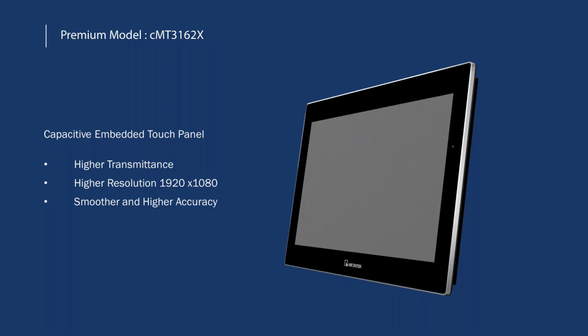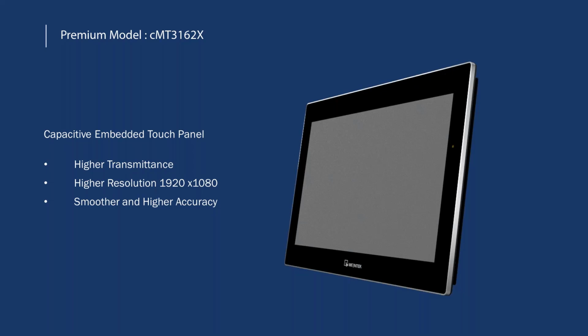This one is our premium model, the cMT 3162X, and it uses a capacitive screen. The screen has a higher transmittance, so the touch response is faster than the resistive screen.